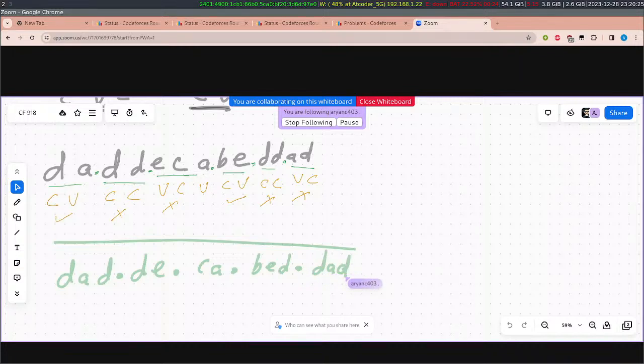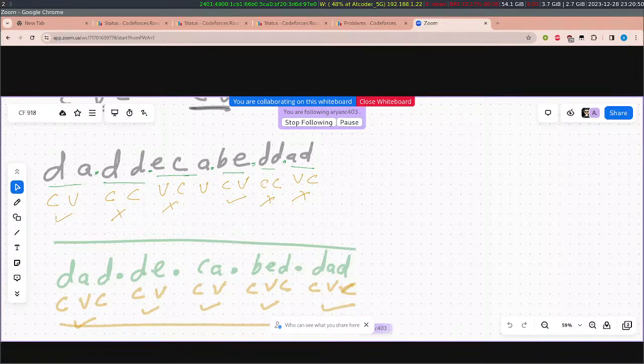And if I try to check consonant vowel, D is a consonant, A is a vowel, D is a consonant, so it's valid. P is a consonant, E is a vowel, it's valid. P is a consonant, A is a vowel, it's valid. P is a consonant, E is a vowel, D is a consonant, it's valid. P is a consonant, A is a vowel, D is a consonant, so it's valid too. This is one possible way.